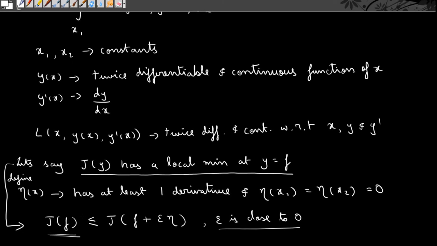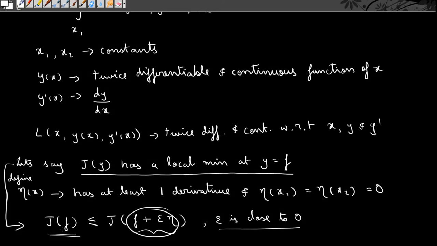That is what this inequality is saying. Because epsilon is very close to 0, this change in f is going to be very small, which means this value is going to lie in the locality of f. Okay, I hope that is clear.